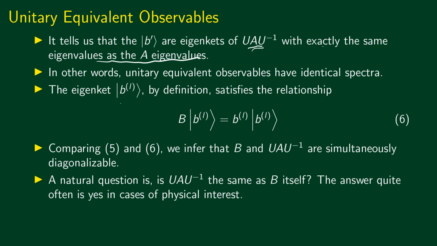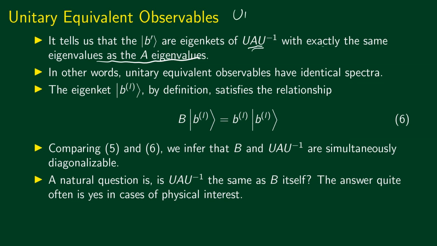The eigenket b_l, by definition, is an eigenket of operator B, so it satisfies B acting on ket b_l is equal to b_l multiplied by ket b_l.